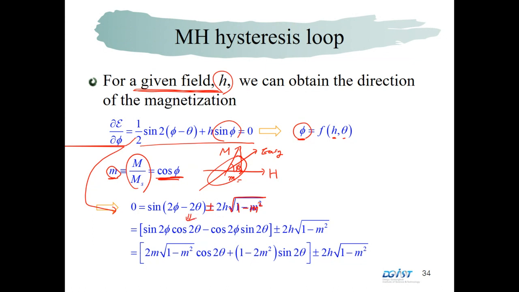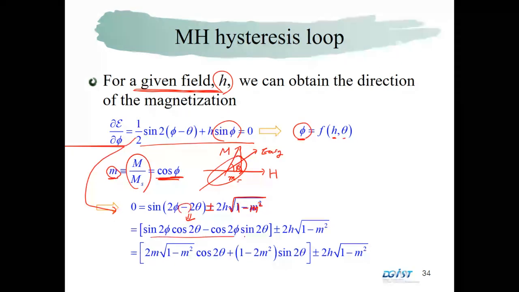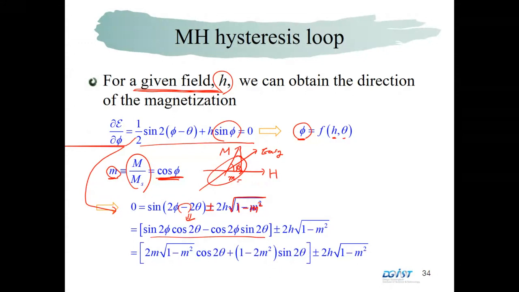By the simple expansion of the sine function, the sum and difference of the sine function, you can rewrite this form. And also sine 2 phi as a function of m and root 1 minus m squared, and here cosine 2 phi is 1 minus 2m squared.